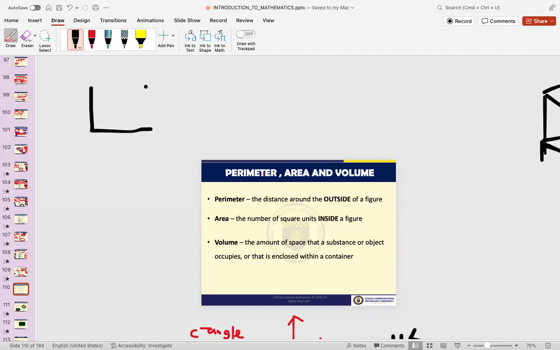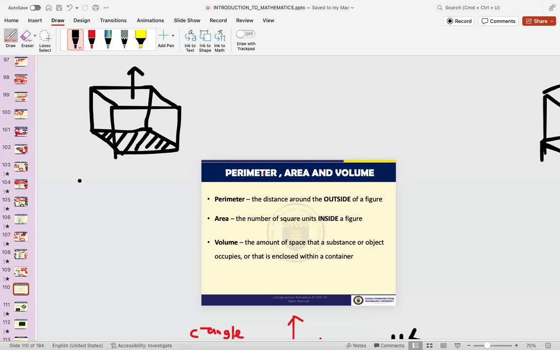Every box is of this form. You have the lower part, you have the upper part. Let me shade the lower part so the box can be clear. So this is the lower part, and this is the upper part.